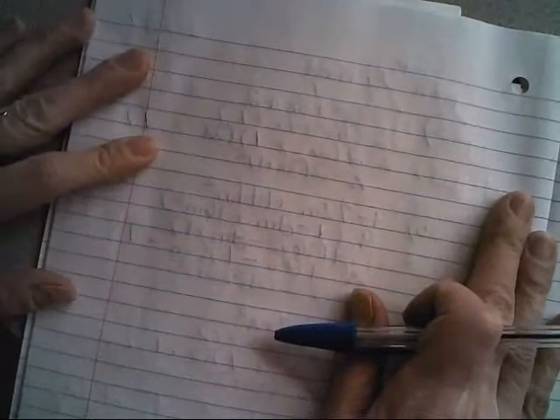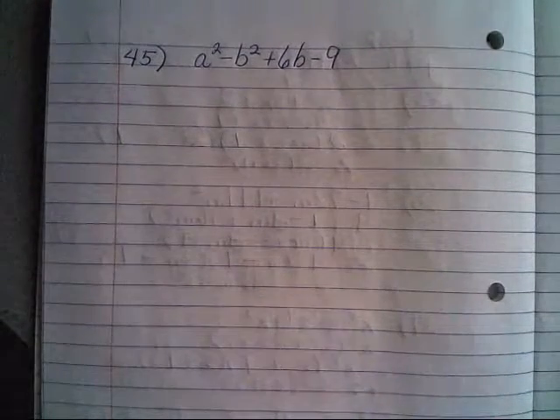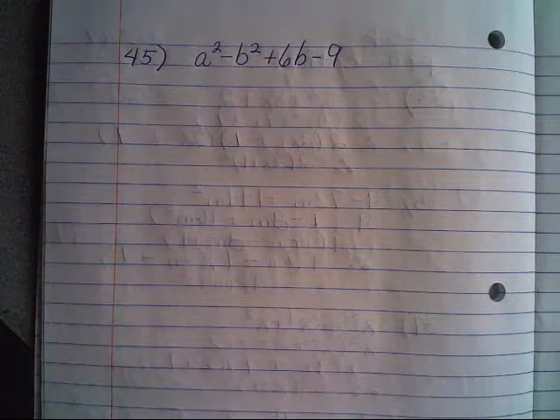It might get tricky though, and that's the next one I'm going to show you. This is number 45. It's another 4-part one. A squared minus b squared. Oh, there's a difference of squares right off the bat. Plus 6b minus 9. But then you've got that weird thing.